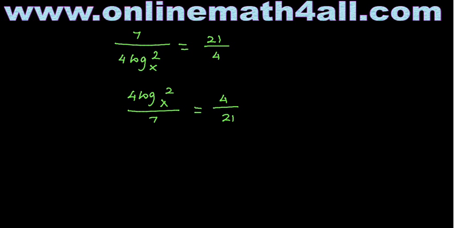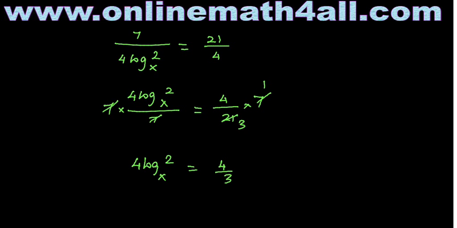Now I need to solve for x. So for that, I'm just going to multiply by 7 on both sides. So when I multiply by 7 on both sides, 7 will get cancelled. 1 times 7 will be 1. 3 times 7 will be 21. So 4 times log 2 to the base x is equal to 4 over 3.